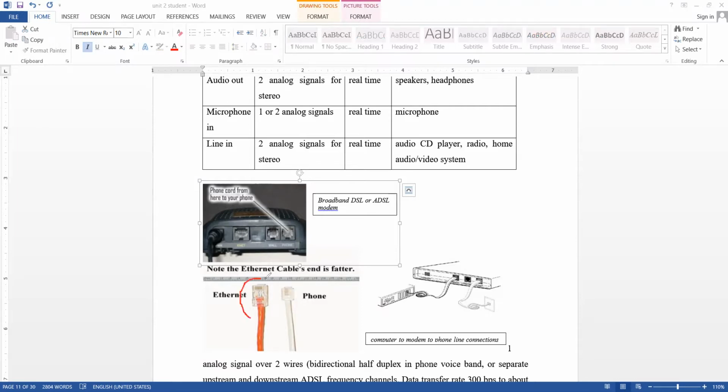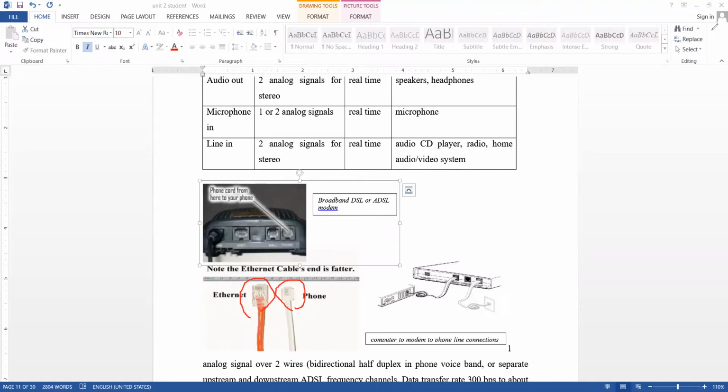One is the Ethernet cable, the other one is the phone cable. Both have the same shape, but the size is different. If you take the Ethernet one, it's bigger than that one.